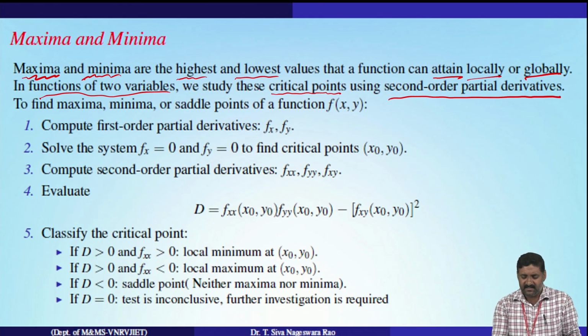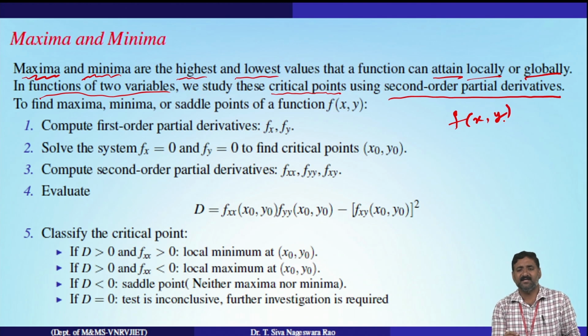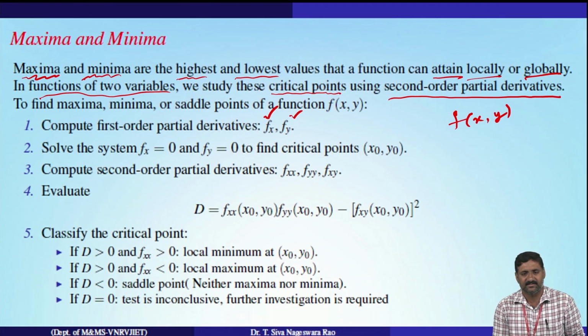It means take the given function f of x comma y. The partial derivative of f of x comma y with respect to x is denoted by fx. The partial derivative with respect to y is denoted by fy. These two are called first order partial derivatives.